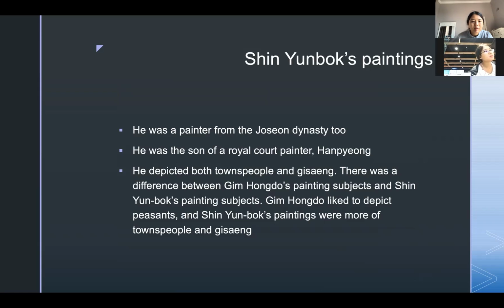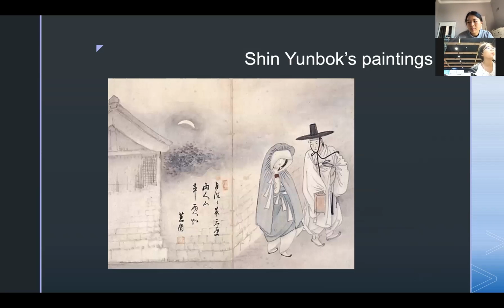There was a difference between Kim Hong-do's painting subjects and Shin Yun-bok's painting subjects. Kim Hong-do liked to depict peasants, and Shin Yun-bok's paintings were more of townspeople and giseng. And here is Shin Yun-bok's painting.